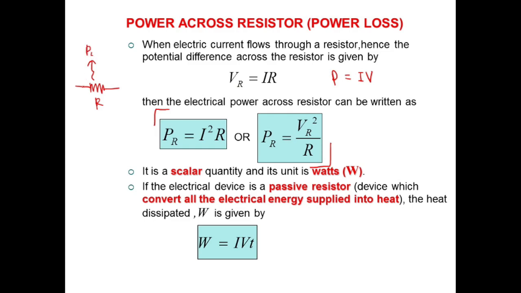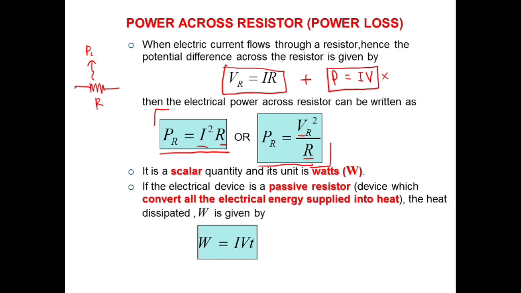So we cannot use power equal to IV to measure the power loss. How do we get these two formulas? We just combine power equal to IV with Ohm's law. The first gives power loss in terms of I and R, and the other gives power loss in terms of voltage and resistance.